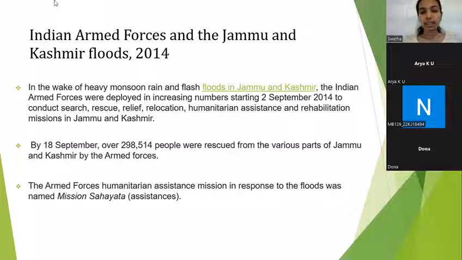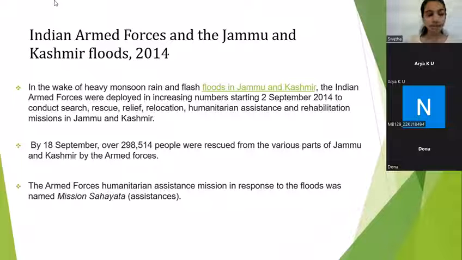They served the people and saved many lives. We all know it. They carried out rescue, relief, relocation, humanitarian assistance, and rehabilitation missions in Jammu Kashmir. By 18 September, over 298,514 people were rescued from various parts of Jammu Kashmir by the armed forces.